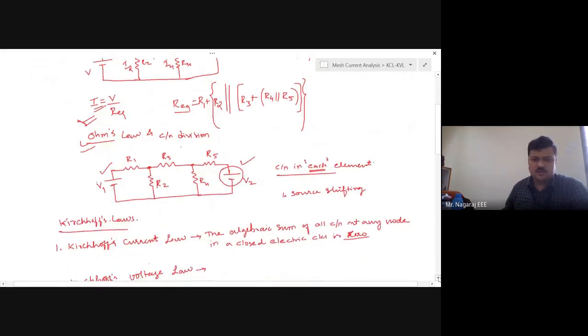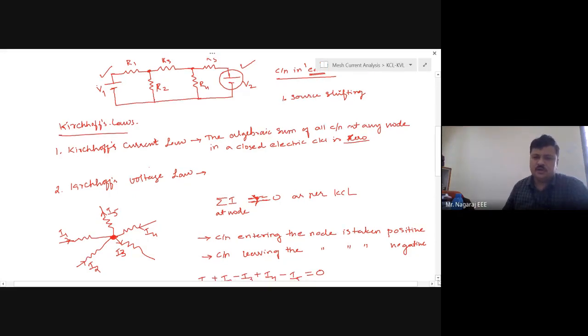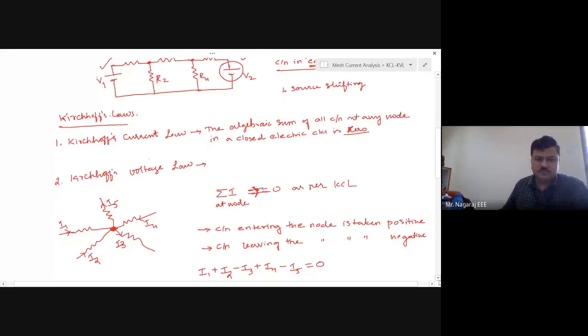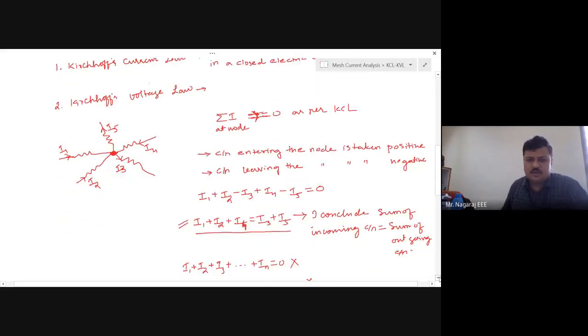We also saw that Kirchhoff's current law says the algebraic sum of all the currents at any node or a junction in a closed electric circuit is zero. When we applied this concept to a node, assuming the incoming currents to be positive and outgoing currents from the node to be negative, we concluded that at any particular node, the algebraic sum of all incoming currents will be equal to the algebraic sum of all outgoing currents.